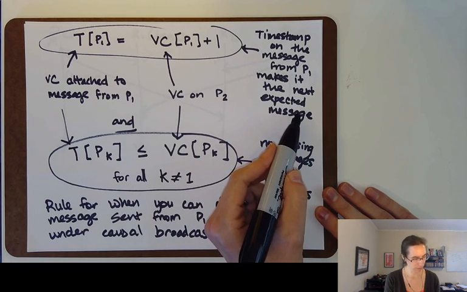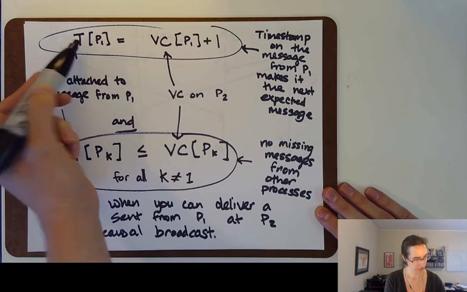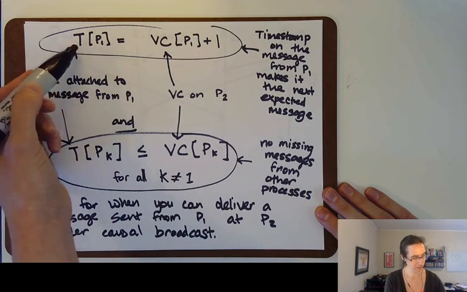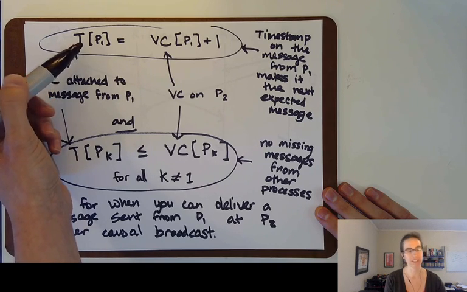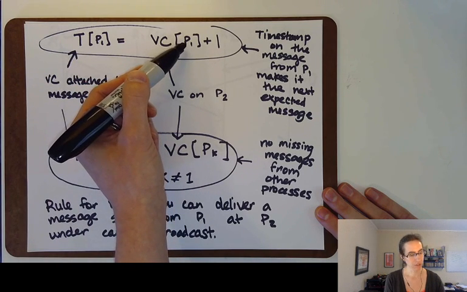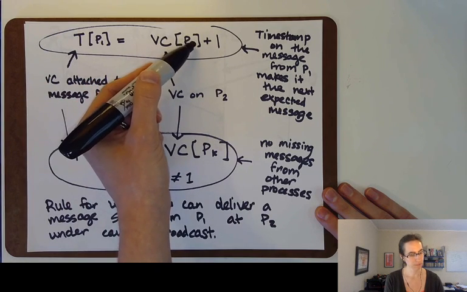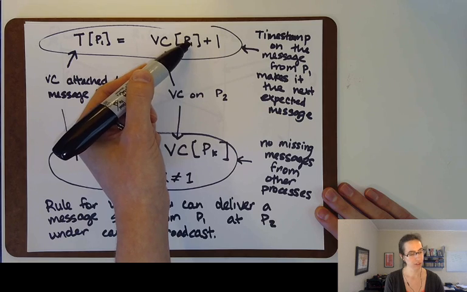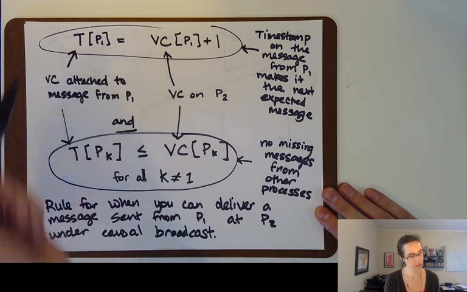So it has to be one bigger in the position of the sender. This T here is the vector clock on the incoming message that's attached as metadata to the message. So this has to say it's one bigger than whatever the local clock on the process receiving the message thinks for that particular sending process's position.